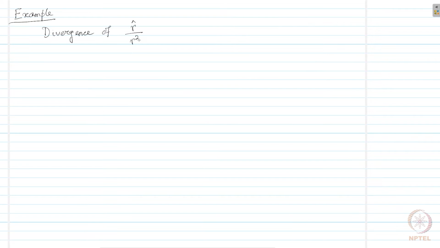How do we calculate this? In spherical coordinate system, what is the expression for divergence?